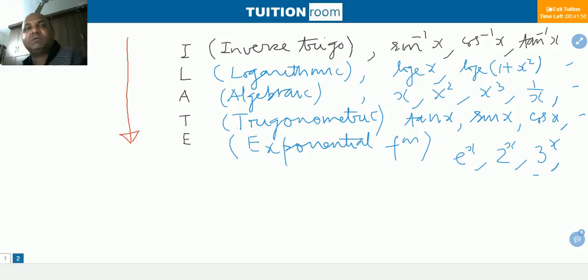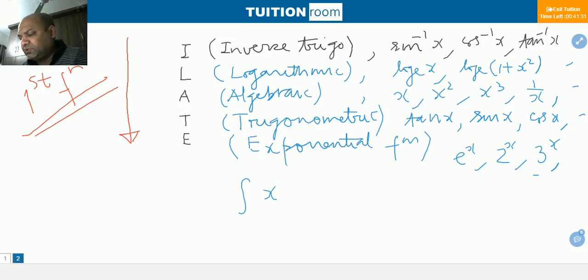Suppose we have to integrate e raised to power x into tan x dx. Then this is an exponential function, this is a trigonometric function. If we move from top to bottom, then T is prior to E, so it is supposed to be the first function, and this is the second function.